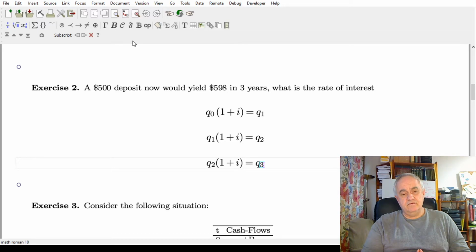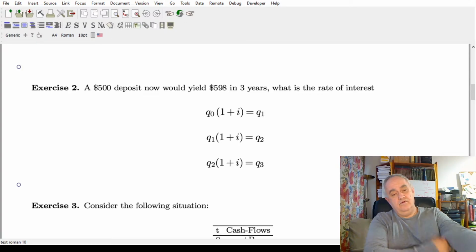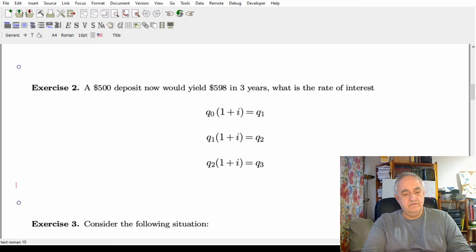how long does it take? 3 years. How high a rate of interest do we need in order to guarantee that we transform these two amounts? Okay, the problem is exactly the same as the previous. We use the compounding and the exponential function, and the problem is reduced again to what you're already familiar with.